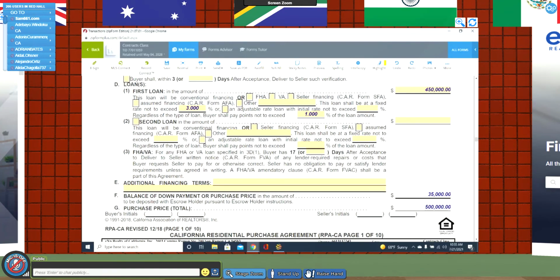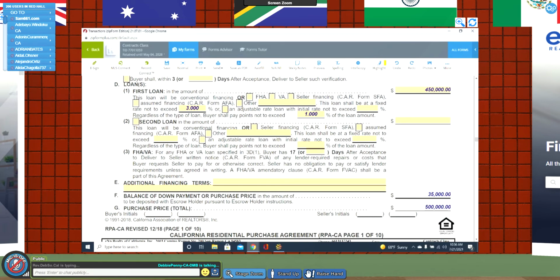This just states that in the event the interest rates and points exceed this, before they remove their loan contingency, they have an out on their contract if they want to take it. It is protection for them.